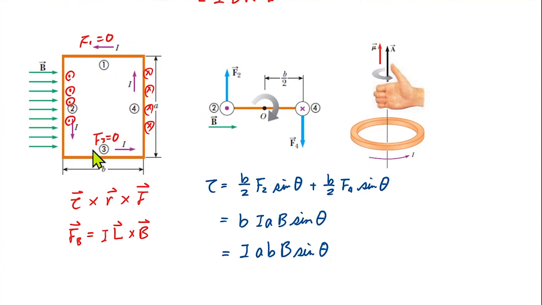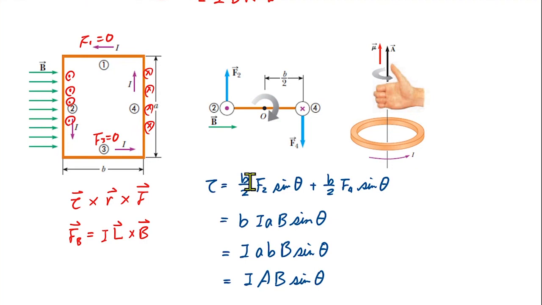Wait, what's a times b in a rectangle? That's the area of the rectangle, isn't it? So far so good? A b being the area of the rectangle. This area. Because a times b, length times width, is the area.